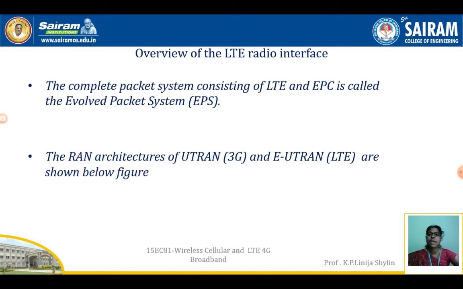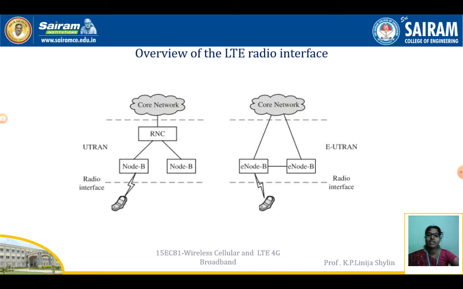The complete packet system consisting of LTE and EPC is called the evolved packet system. The RAN architectures of UTRAN 3G and EUTRAN LTE are differentiated using a diagram. This is the overview of the LTE radio interface.